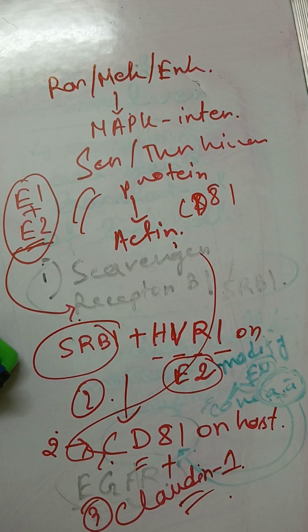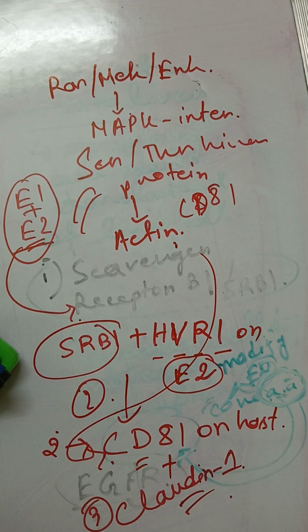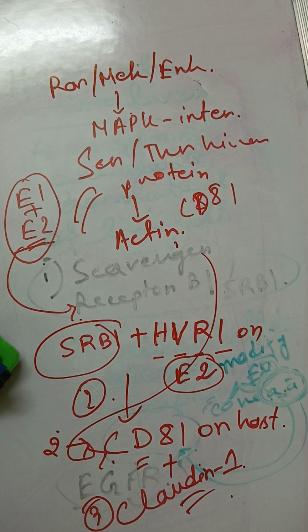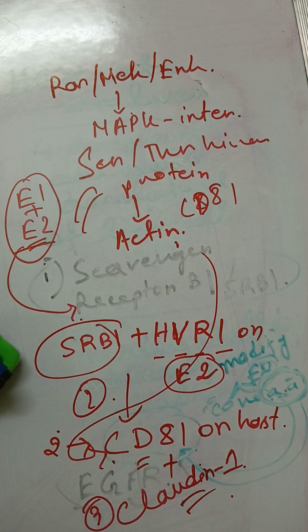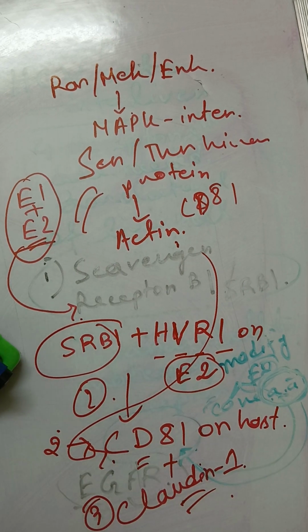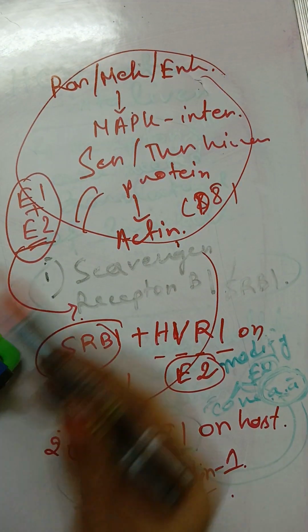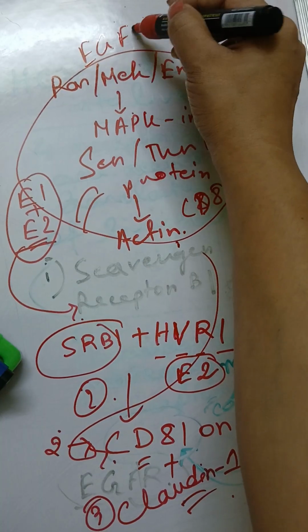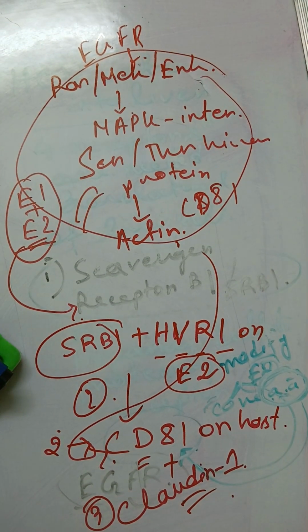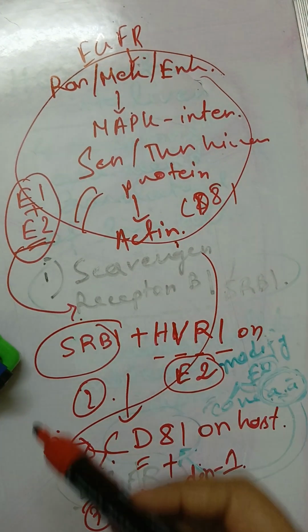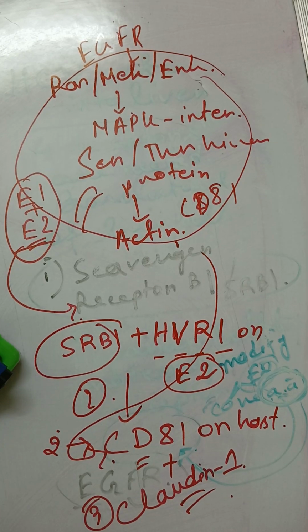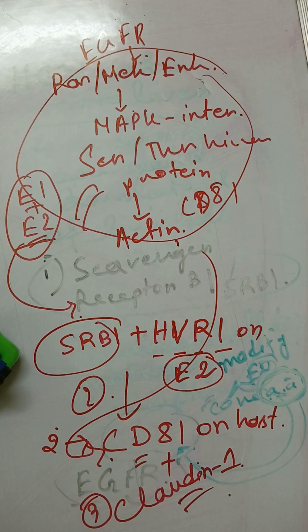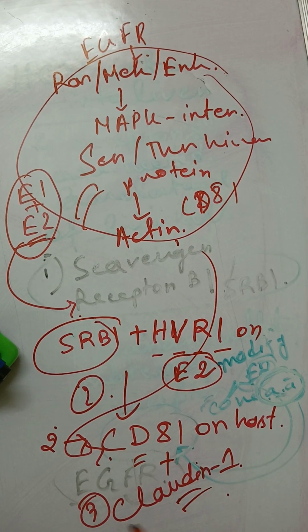Whenever CD81 is needed on the cell surface, it is present there. Whenever it is needed in the lumen of the liver or any other places, it reaches there with the help of this pathway. And EGFR is the stimulant of this pathway. So in this way, the cycle of CD81 presence on the basolateral surface of the liver cell depends on the viral load and this binding event.